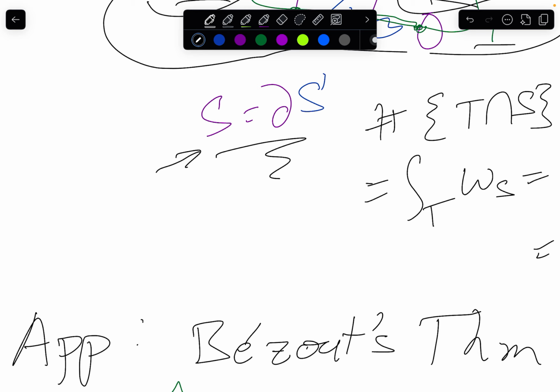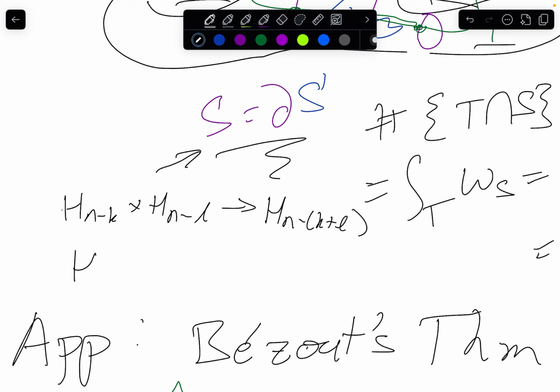So you have a pairing from H_{n-k} times H_{n-l} to H_{n-k-l}. So remember that this is homology. So this is saying that if you have a codimension k and a codimension l manifold, you can take their intersection and get a codimension k plus l manifold. And this is expressed in cohomology language as saying that you have something like this.